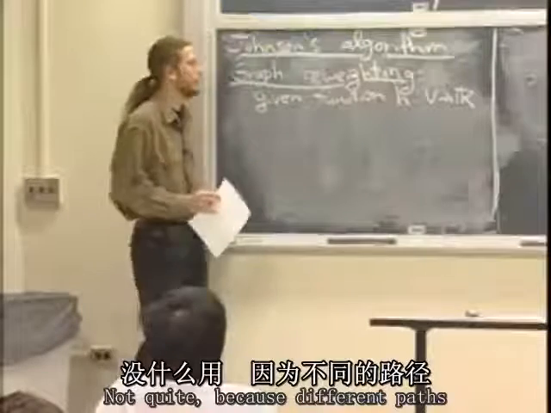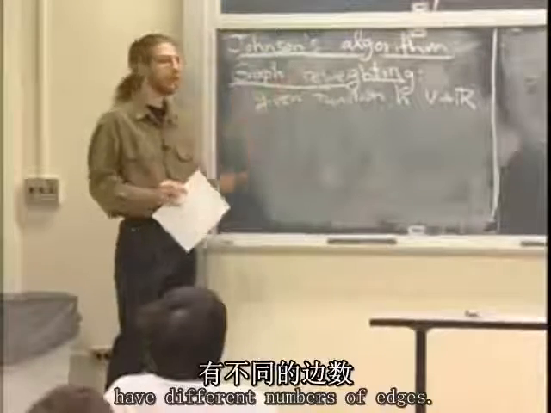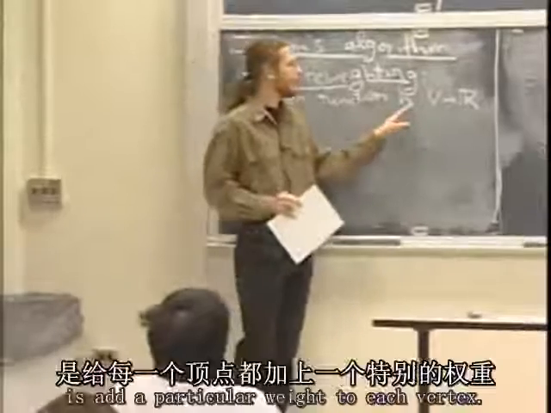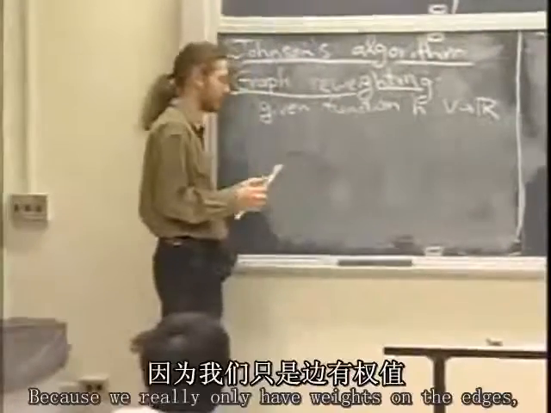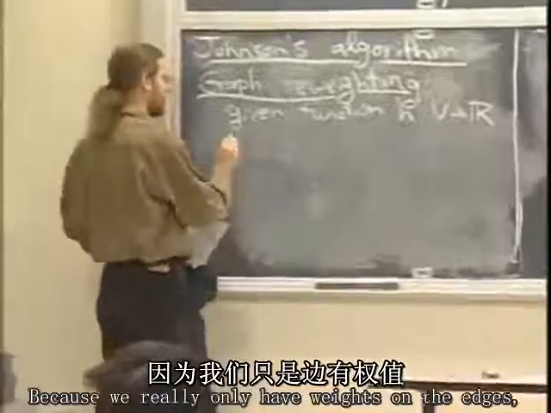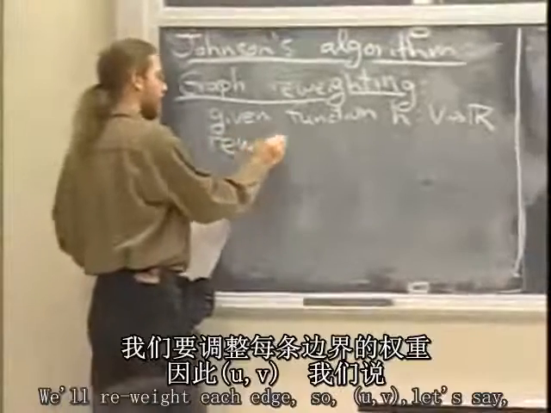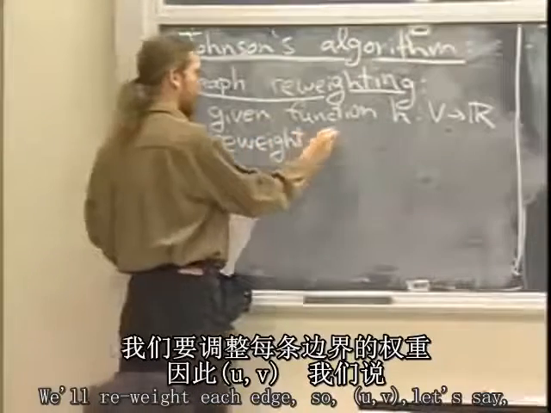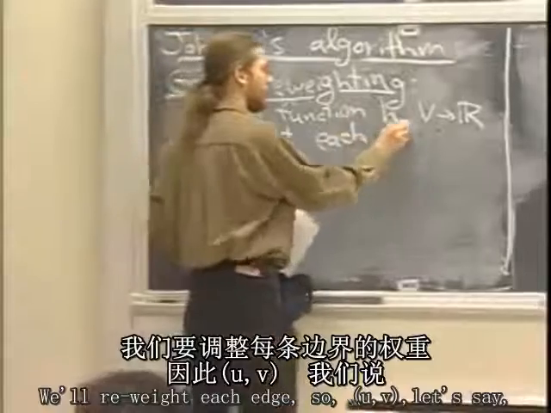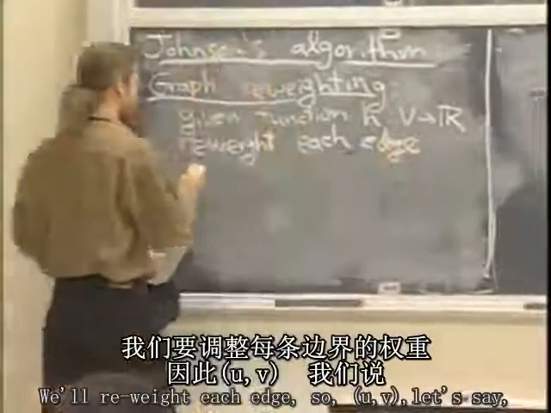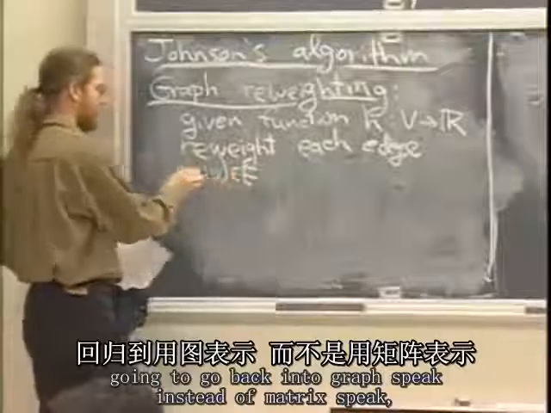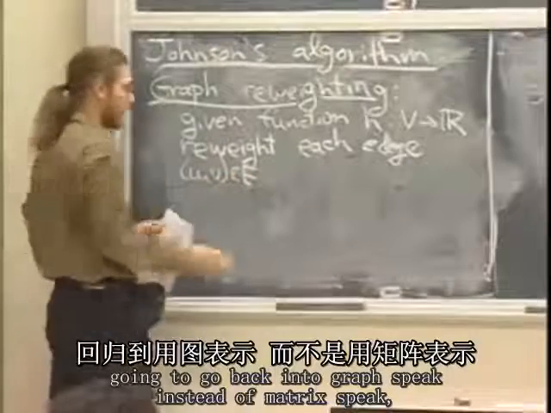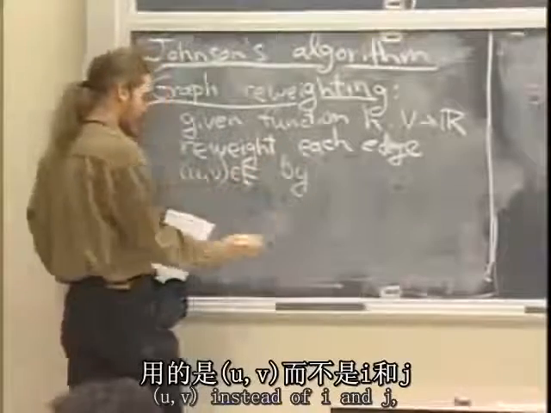Not quite, because some different paths have different numbers of edges. What we're going to do is add a particular weight to each vertex. What does that mean? Well, because we really only have weights on the edges, here's what we'll do. We'll reweight each edge. So u, v, I'm going to go back into graph speak instead of matrix speak, u, v instead of i and j.